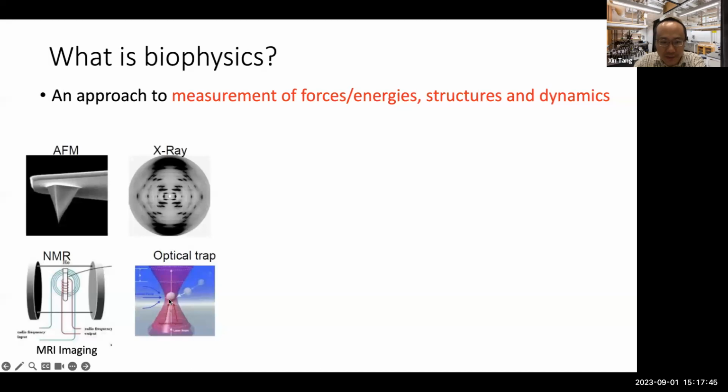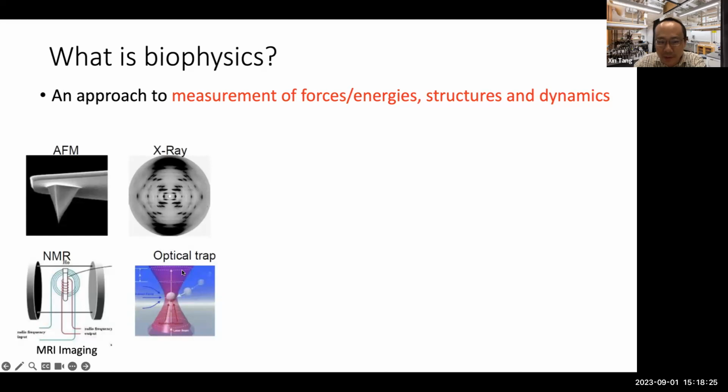In this optical trap, you put a transparent particle there, and let the light go through the particle. When the light goes through the particle, it will bend because the refractive index of the particle is different from that in the air. Then the light will deflect. The deflection of light introduces a momentum mismatch. The momentum mismatch will result in a mechanical force that pushes the bead towards a certain direction.